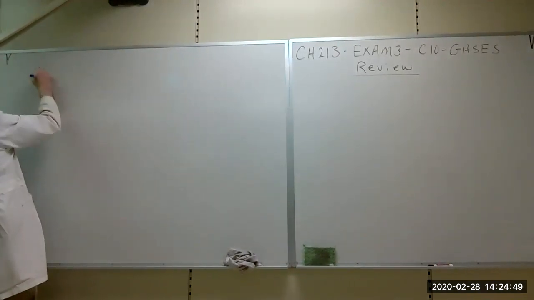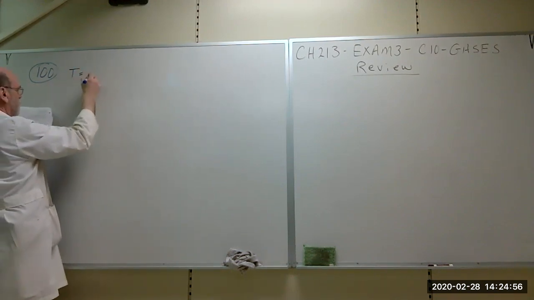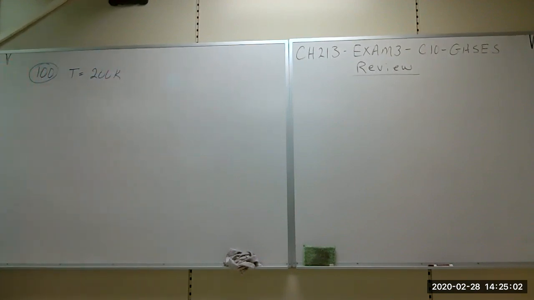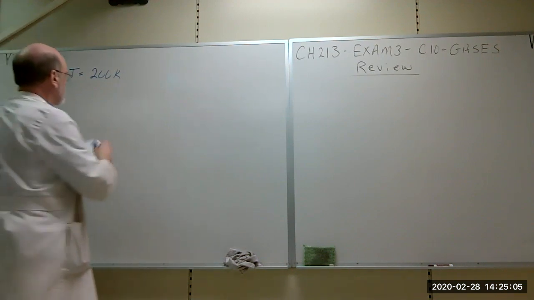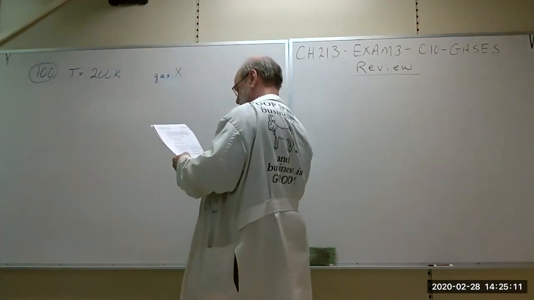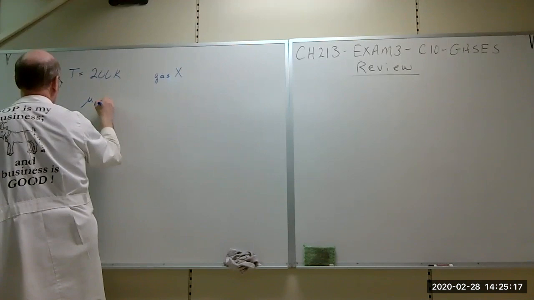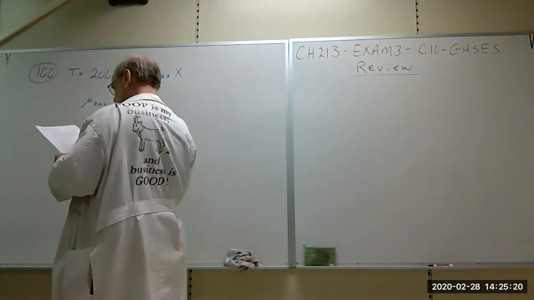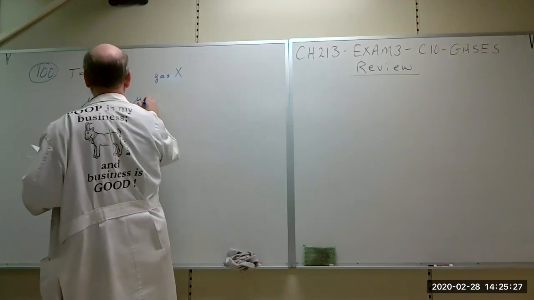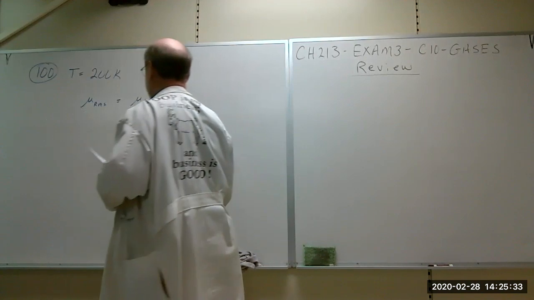So the temperature, yeah, we will have to deal with this. 200 K. The molecules or atoms of an unknown gas, so gas X, have an average velocity, RMS velocity, equal to the average velocity of argon at 400 K. Okay.